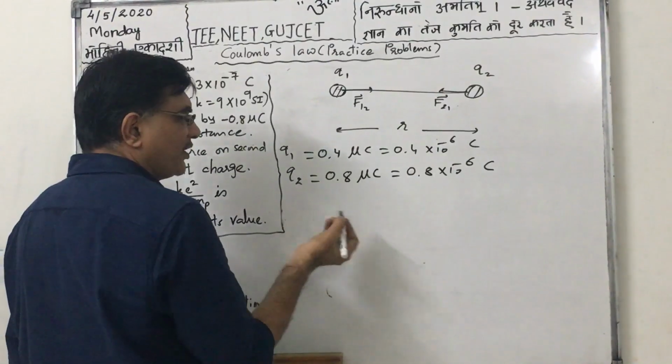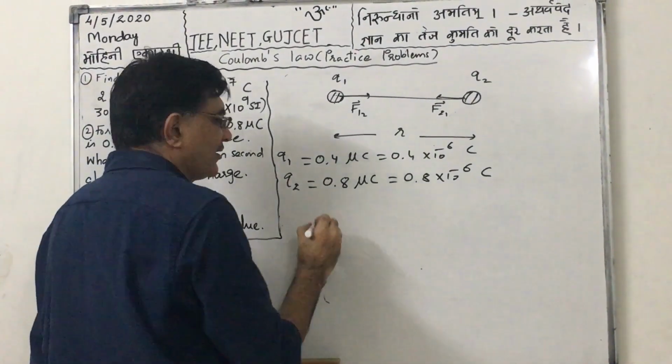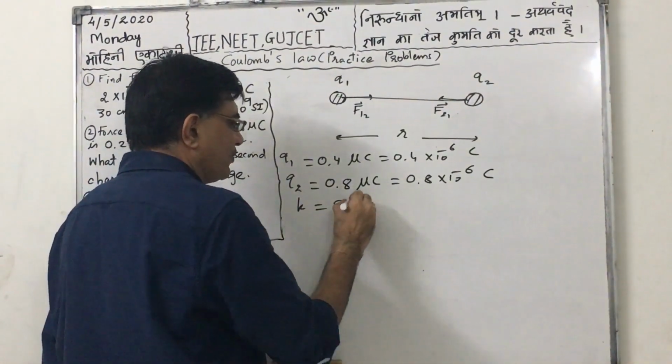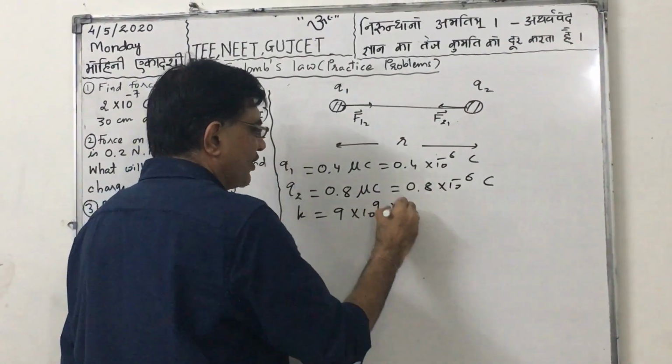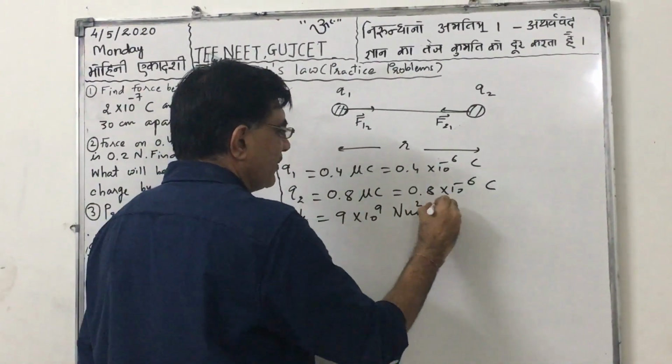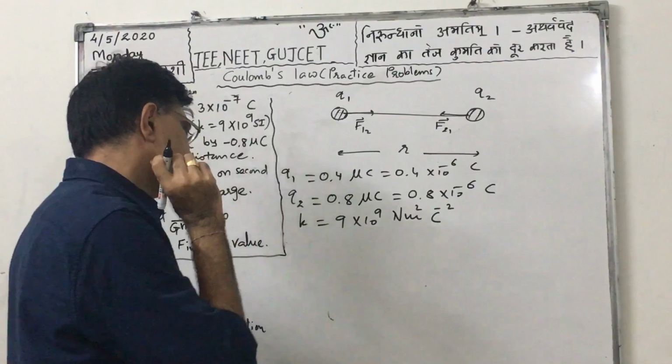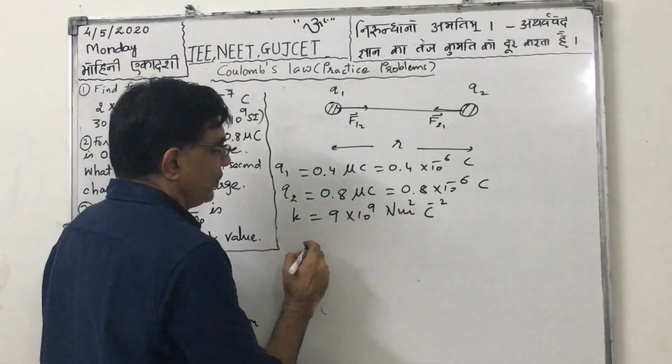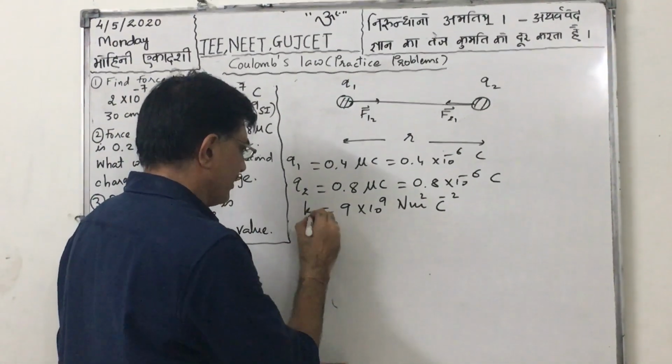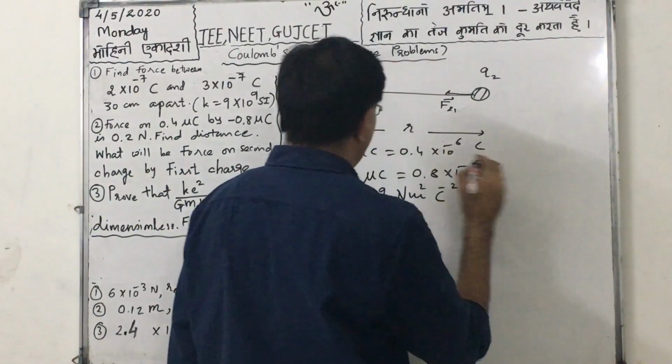They have not given either epsilon naught or K, so we can consider K as 9 into 10 raised to 9 Newton meter square per Coulomb square.